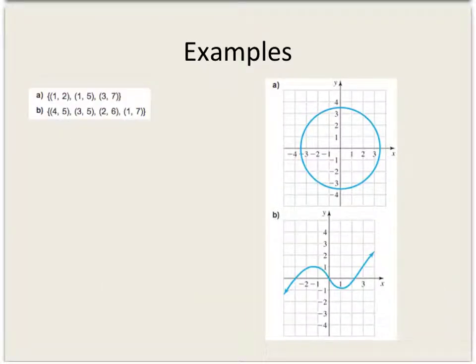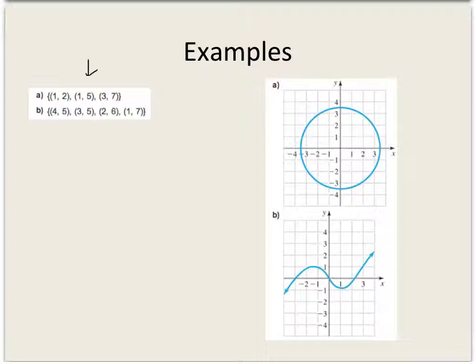Just to quickly show you some other examples, in example A over here, we have the first one, which is points x and y. So in the first example, you have x is 1 and y is 2 is your first relationship. In the second one, x is 1 and y is 5. And in the third one, x is 3 and y is 7.